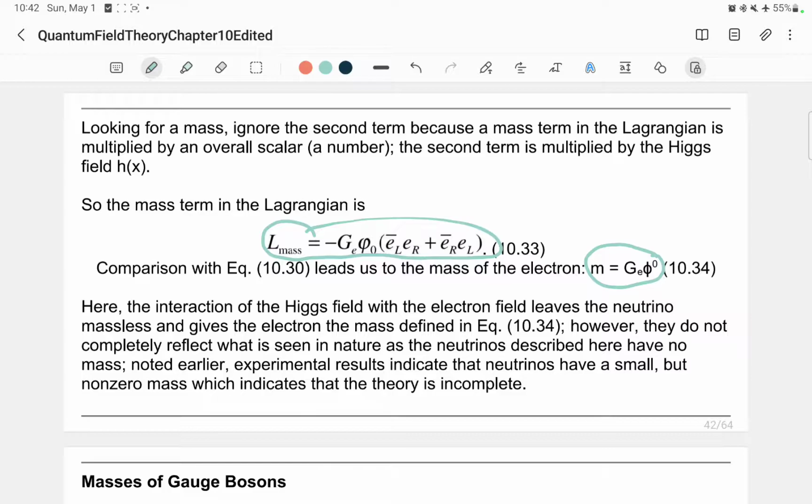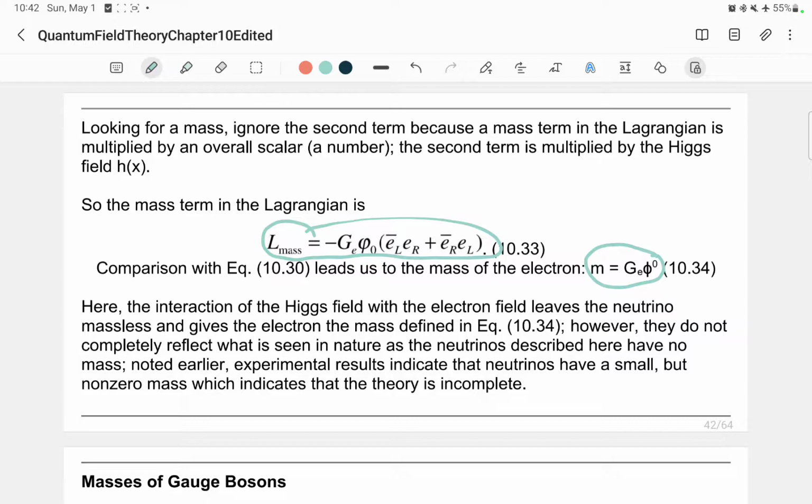However, in experiments, neutrinos have non-zero masses, but they're very small, and this is a suspicion that the theory is incomplete.